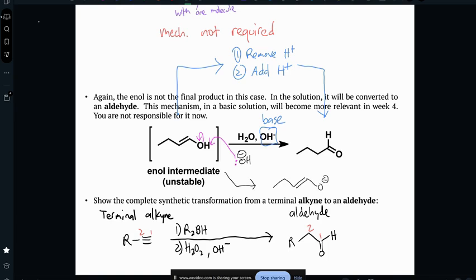Note that this has an alternate resonance structure where the negative charge is on carbon. And we could then protonate at that carbon by removing hydrogen from water. So that would be the curved arrow mechanism for this tautomerization, in case you were interested.